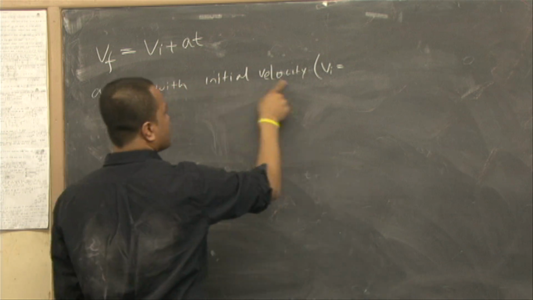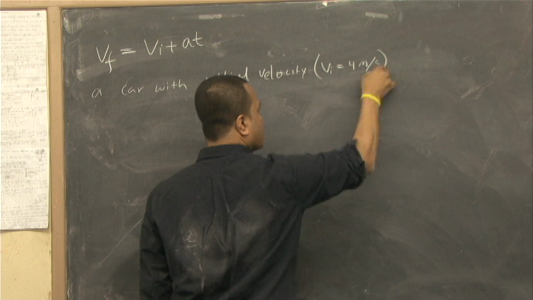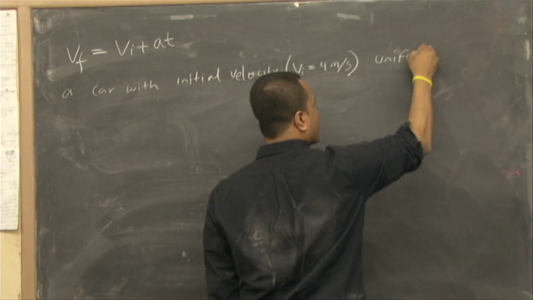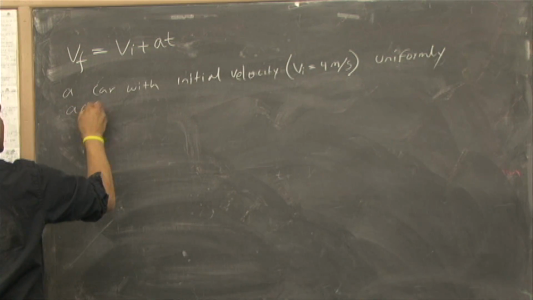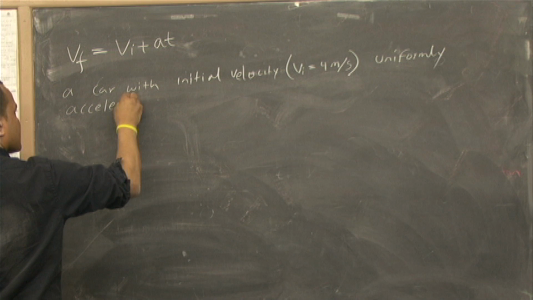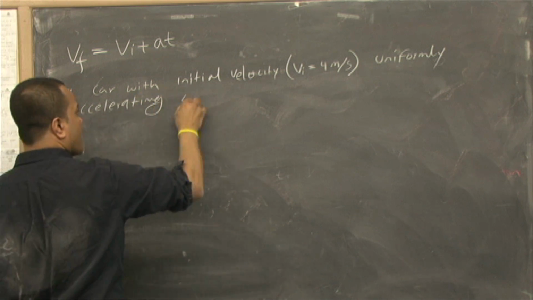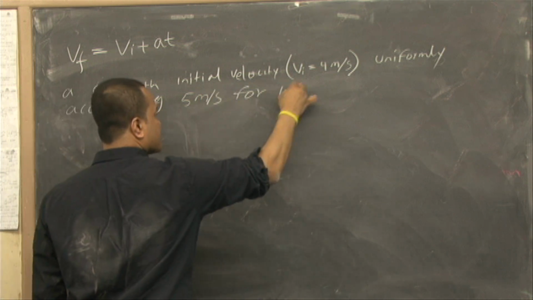So a car with initial velocity maybe 4 meters per second, uniformly accelerating 5 meters per second squared for 10 seconds.